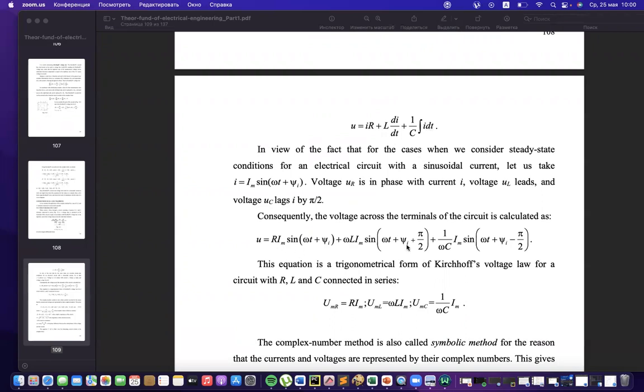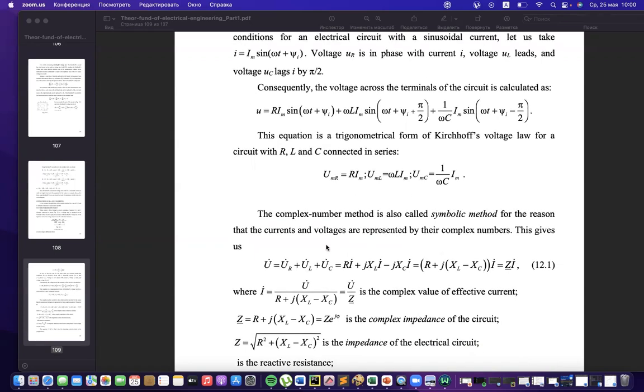In sinusoidal form, we will get an equation like this, with positive shift angle for the coil and negative shift angle for the capacitor, and with resistances omega L for the coil and 1 over omega C for the capacitor.